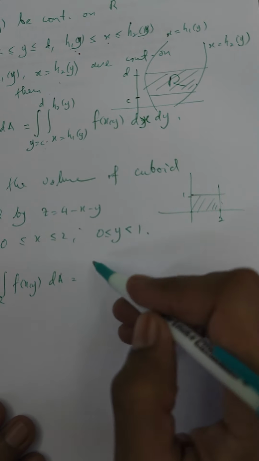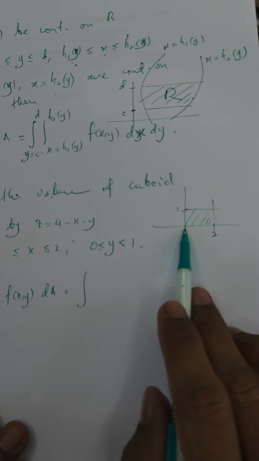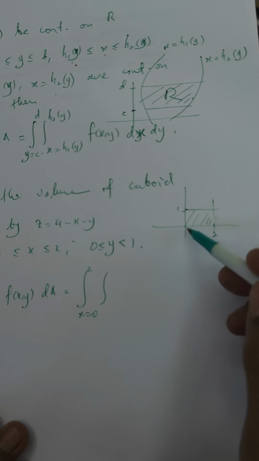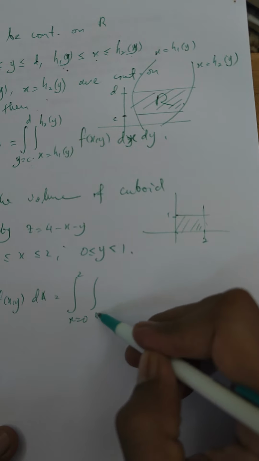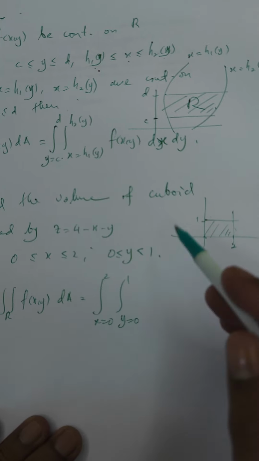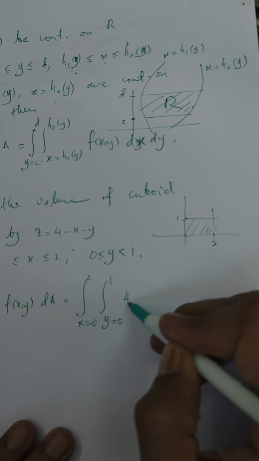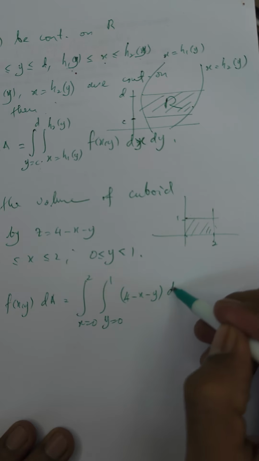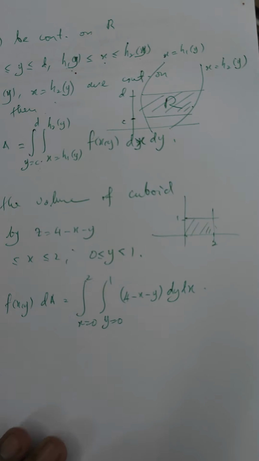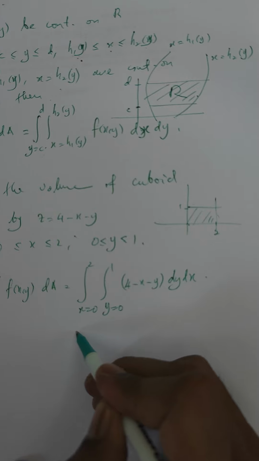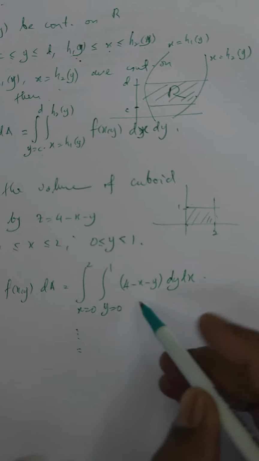So we integrate x from 0 to 2, y from 0 to 1, and our function f(x,y) is 4 minus x minus y. We integrate with respect to y, then integrate again with respect to x. You can do this; I just give you the solution, 5.